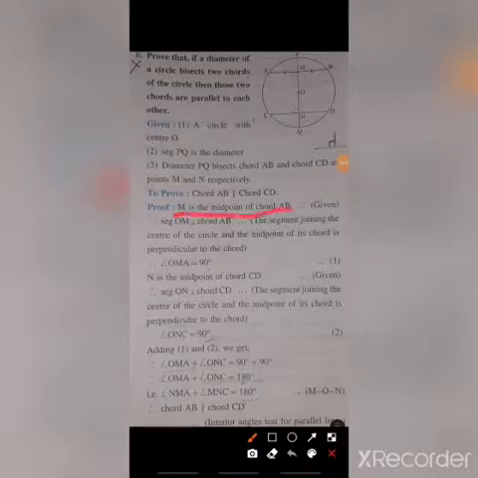So M is the midpoint of AB, so OM is perpendicular to AB. The reason is the segment joining the center of the circle and the midpoint of the chord is perpendicular to the chord.